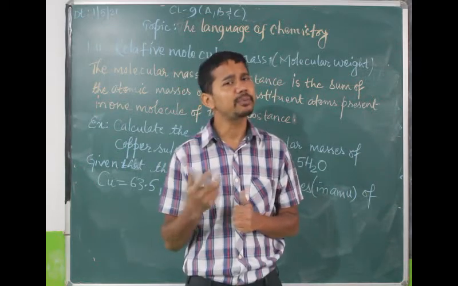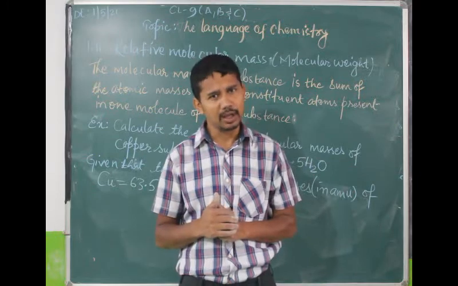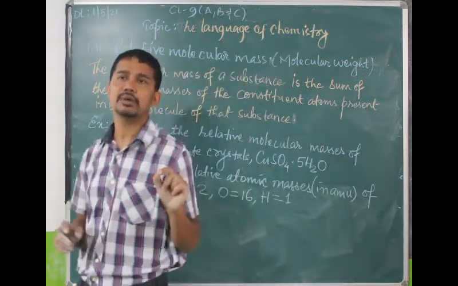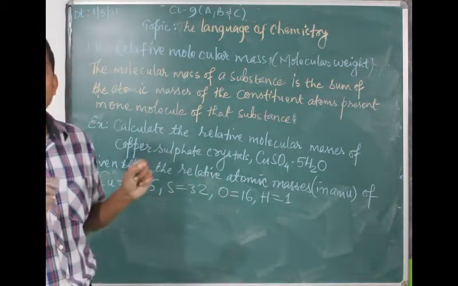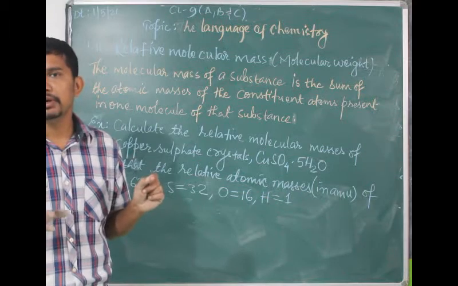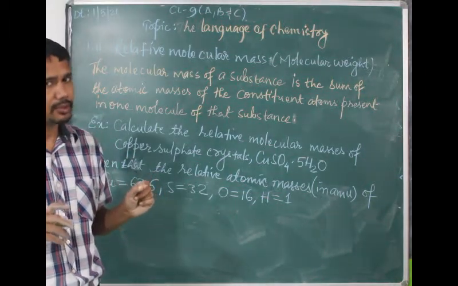And how do we represent a molecule? We represent a molecule using its molecular formula. That means the atoms present in a particular molecule can be known by knowing its molecular formula. So, for molecular mass, molecular formula is important.